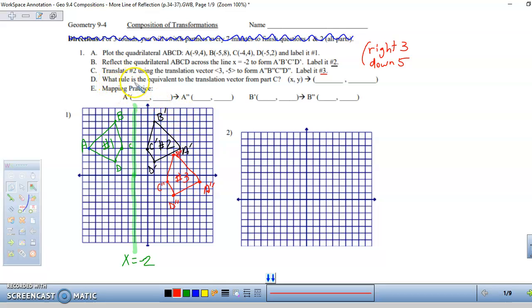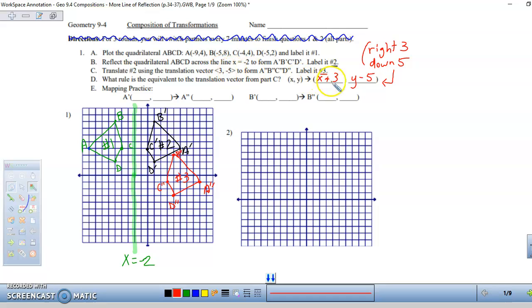Part D, what is the rule that is equivalent to the translation vector from part C? So basically, what is the rule that represents these directions, right? 3, down 5. So the notation is slightly different for a rule. You start with these points, and then what you do to those points is I'm going to add 3 on the x, and then on the y, I'm going to subtract 5.